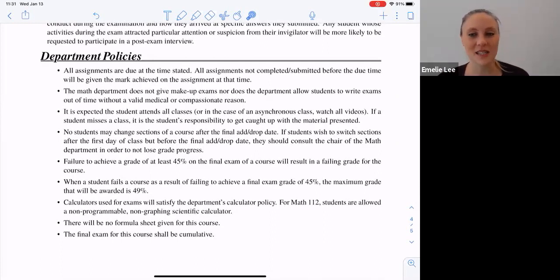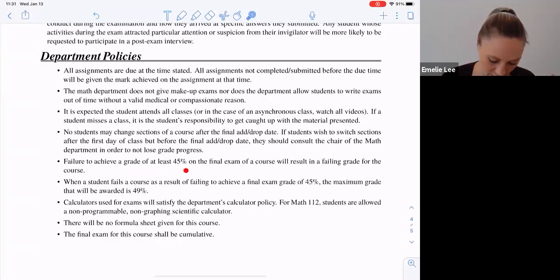Department policies are kind of dated because they're for in-person classes, but the most important thing is you have to get at least 45% on the final exam in order to be eligible to pass the course.